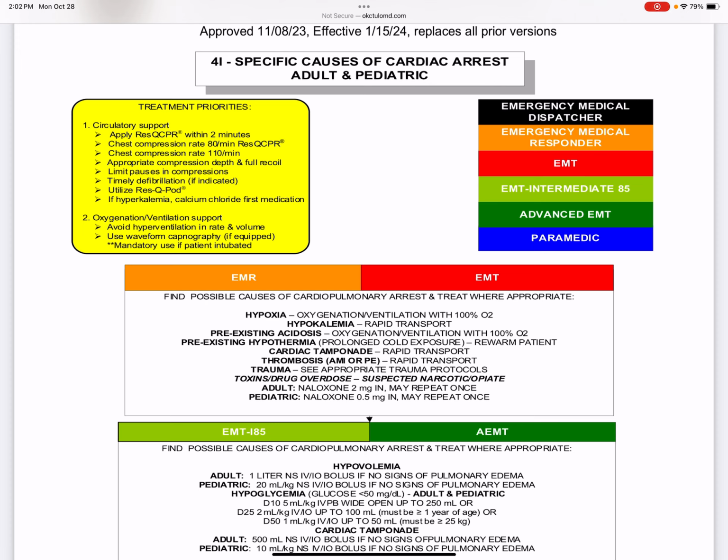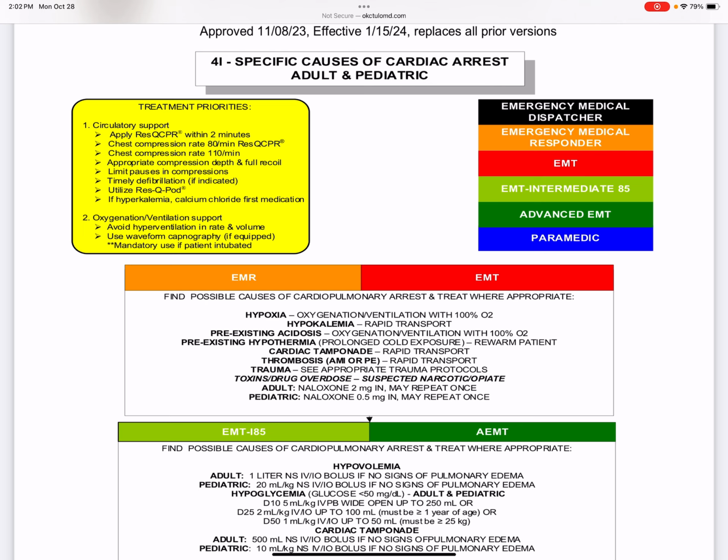And then number 2, I'm just going to hit this one more time, even though we've already talked about it: oxygen and ventilation support. I know I've mentioned it and Jake's mentioned it several times, but avoid hyperventilation in your rate and volume, and then use waveform capnography if equipped, and it's mandatory if the patient's intubated.